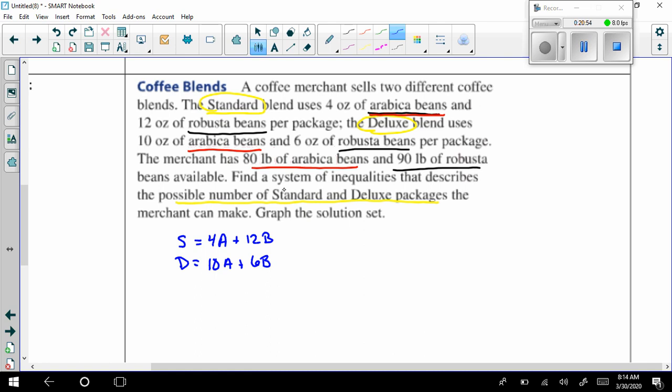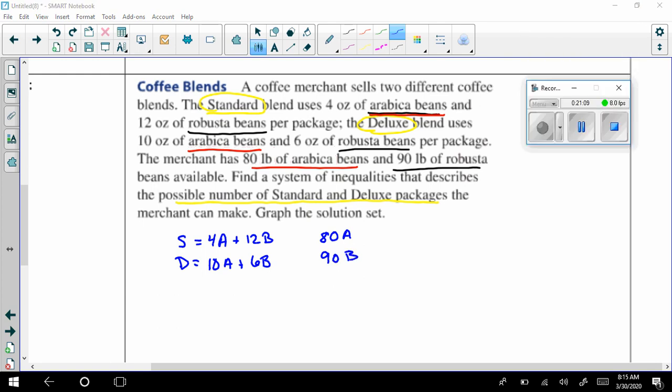And total, we have 80 A and 90 B. Actually, instead of mixing those so much, let's look at A and B. So we have Arabica and Robusta.